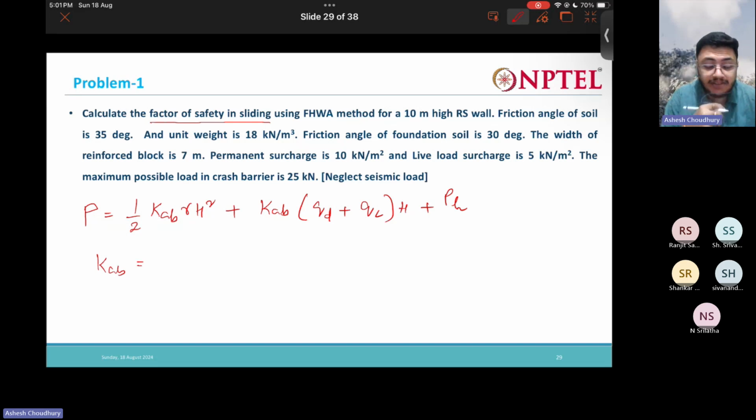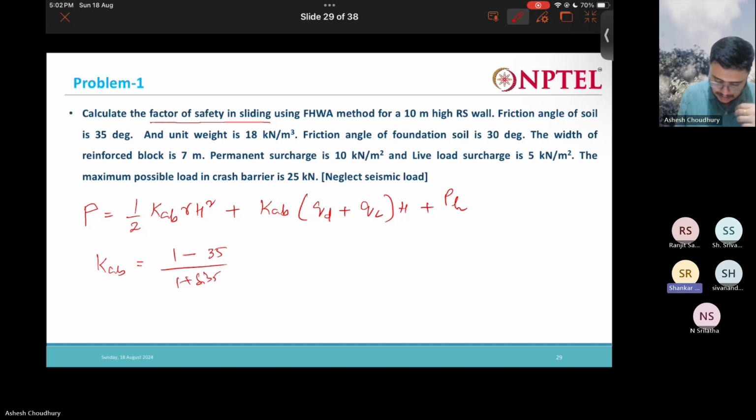K_AB is the active earth pressure coefficient of what? Of the backfill soil. So (1 minus sin 35) over (1 plus sin 35). How much is it? 0.271.